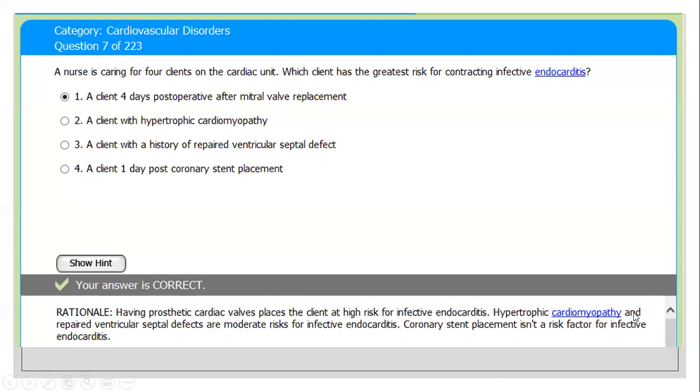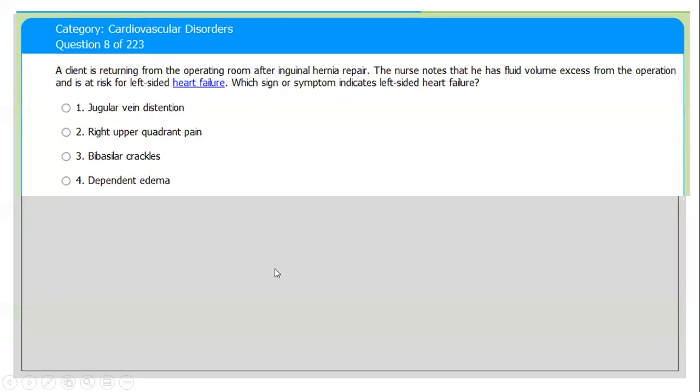Hypertrophic cardiomyopathy and repaired ventricular septal defect are moderate risks for infective endocarditis. They asked for the greatest risk. Coronary stent placement is not a risk factor for infective endocarditis.